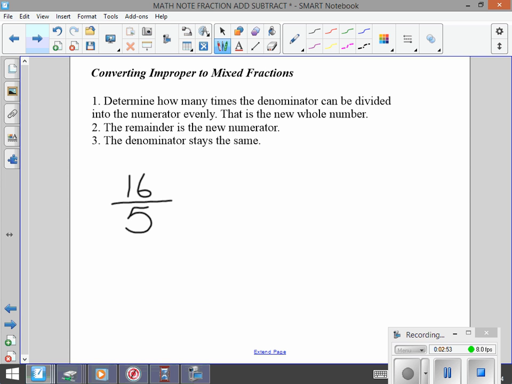Anyhow, the first thing it says is determine how many times that denominator will go into this numerator evenly, and evenly is the key word in this direction. So 5 will go into 16 3 times evenly. That'll be 15. So that number that goes in evenly becomes the new whole number.